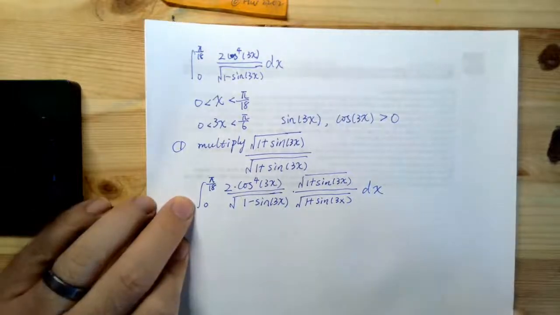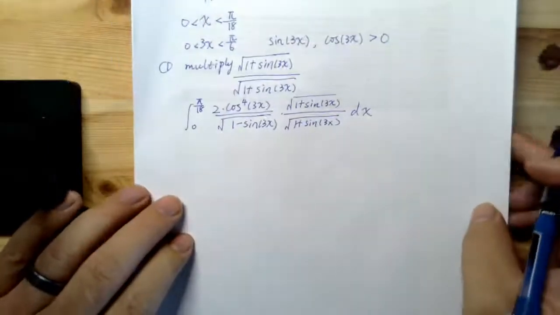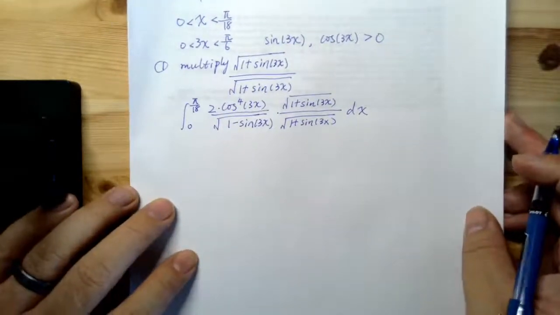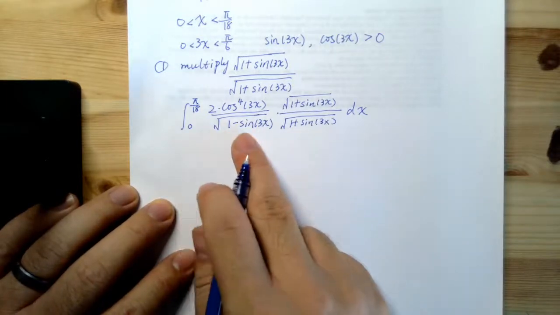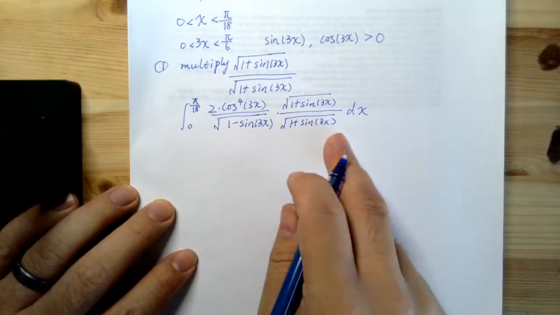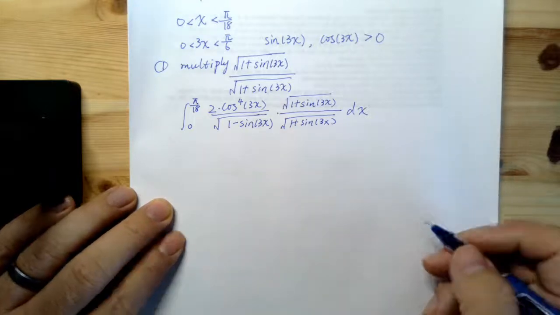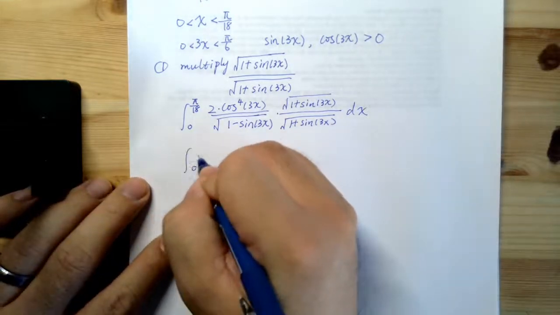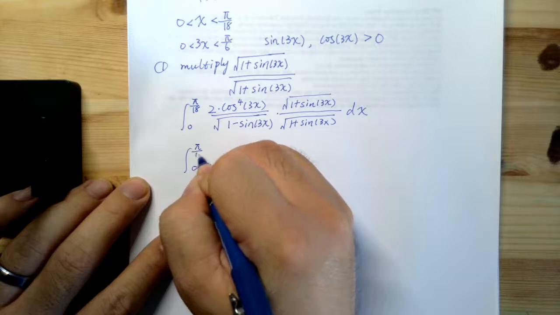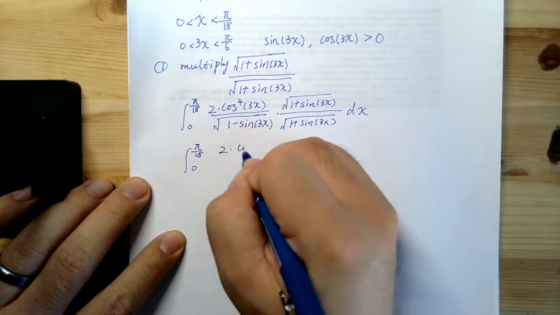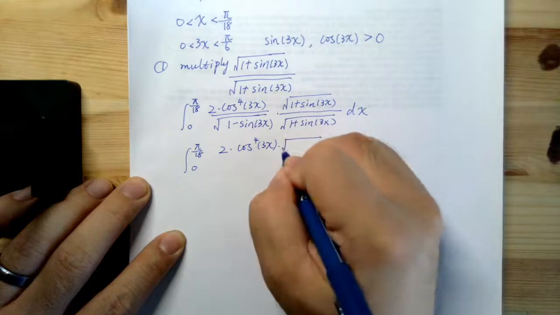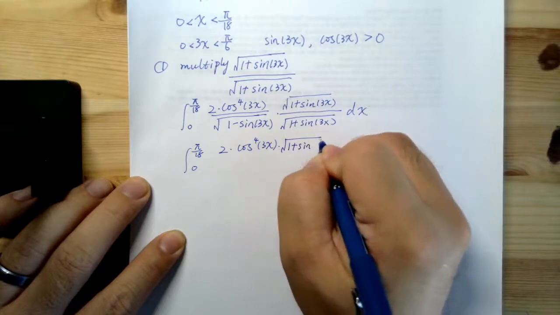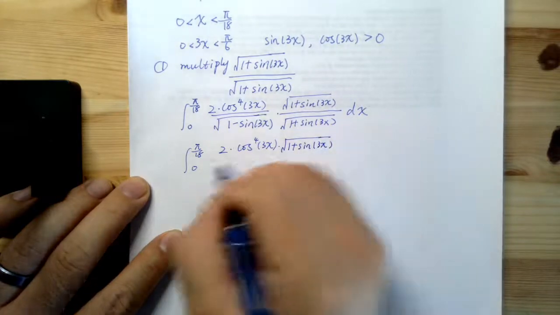Okay. So it turns out the denominator is going to be 1 minus sine squared 3x. And that is 2 times cosine 4 3x times square root of 1 plus sine 3x.